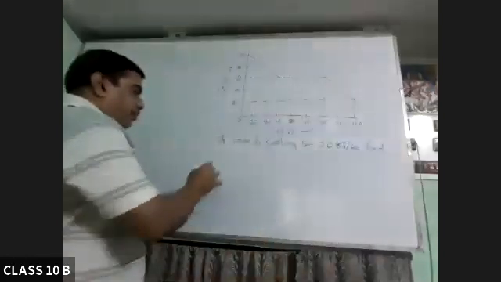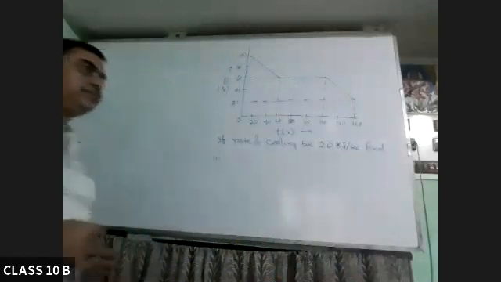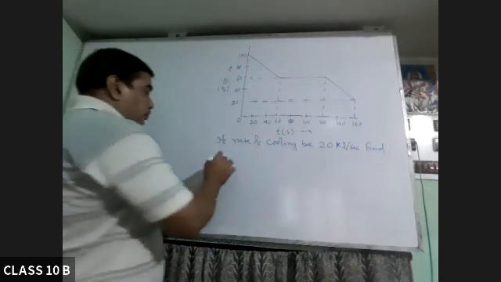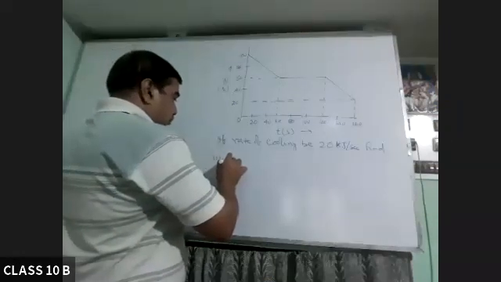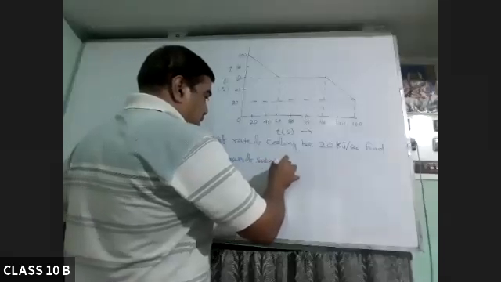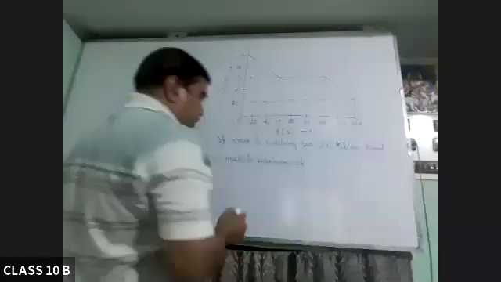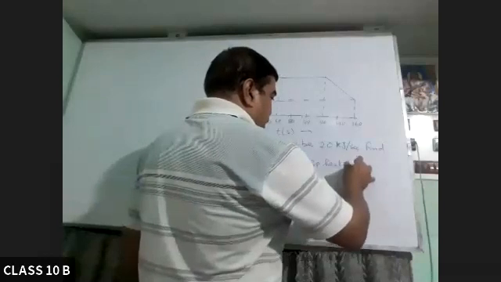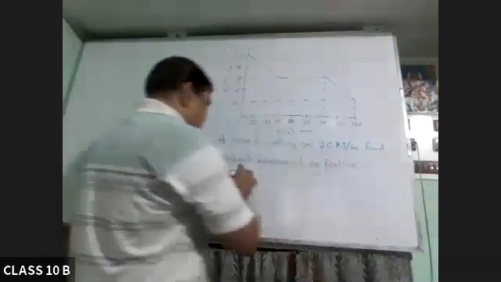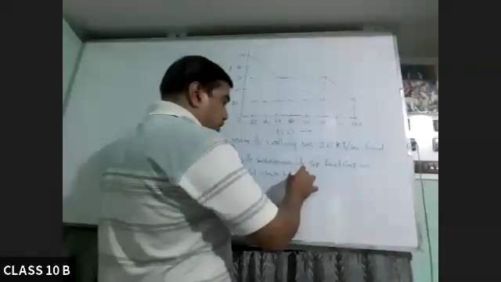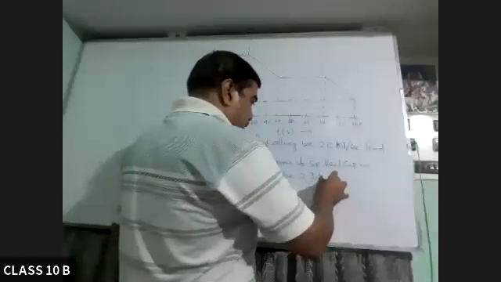Find the mass of substance, if specific heat capacity in solid state be 2 joule per gram degree Celsius.